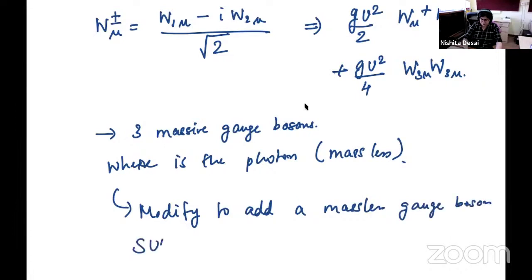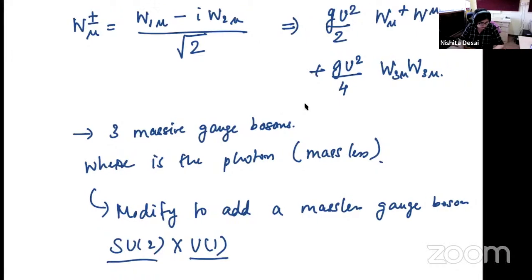And so we want to do SU2 cross U1, which means that your scalar field now not only has SU2 charges but also U1 charges. Okay, so we're going to do a combination of both. Okay, so what would your covariant derivative look like?